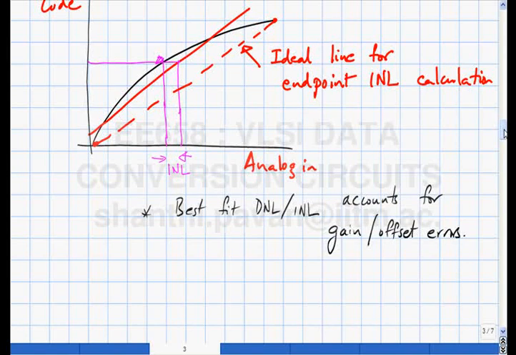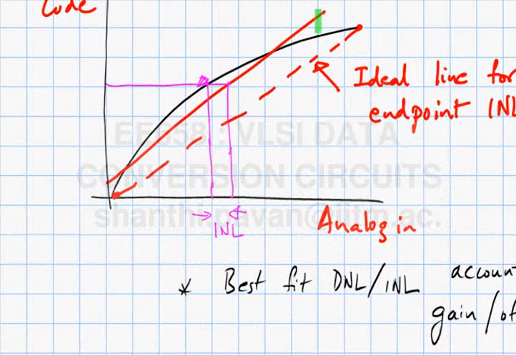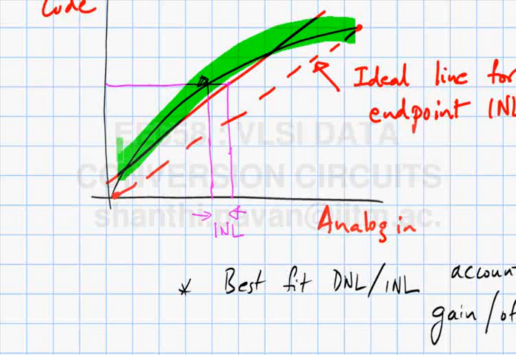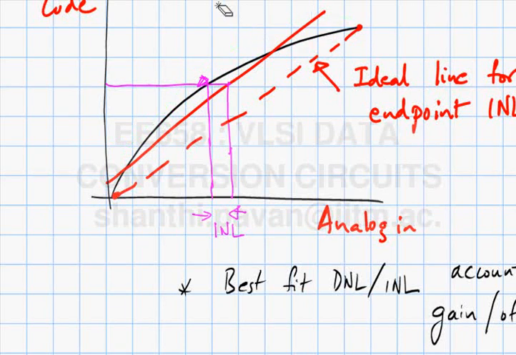So that might correspond to some curve like this, where you can see that there's a lot of deviation from the ideal transition. In a whole bunch of communication receivers, INL is not at all acceptable.